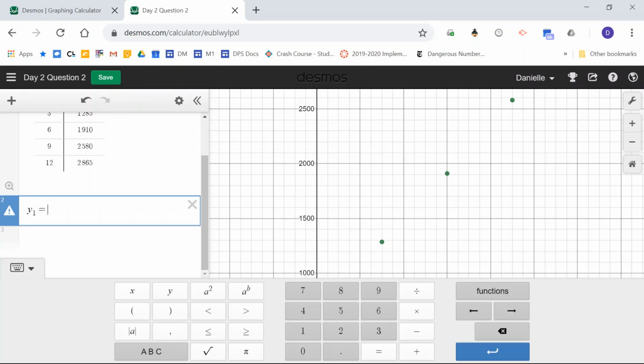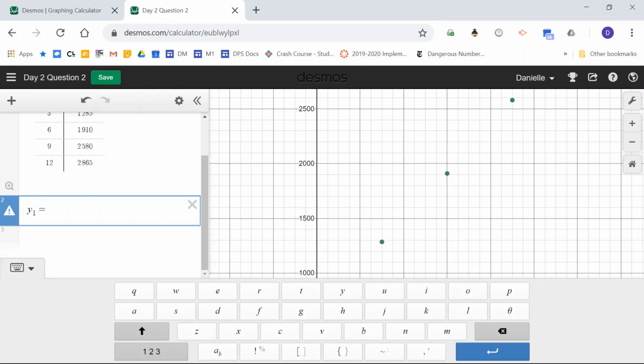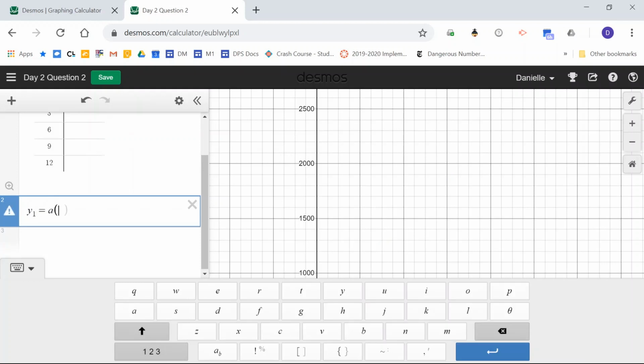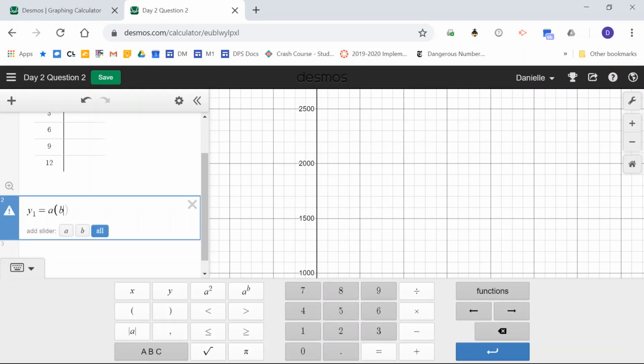So we need to think back to that exponential model and what that setup looked like. With an exponential equation, it was a times b. Sorry, I'm a little new to this.